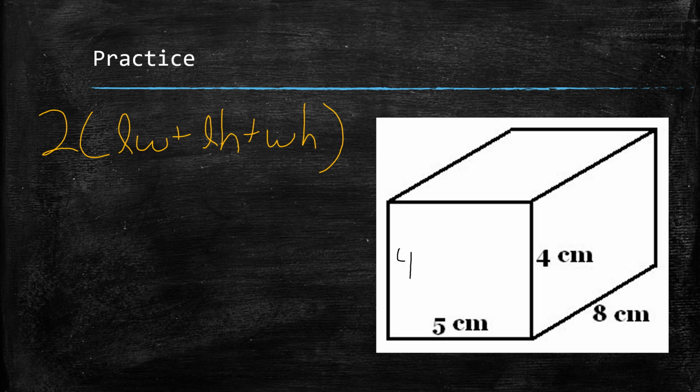Real quick though, because your assignment's not going to give you just 3 numbers, you're going to have 4 on this side. It might tell you this side here is 5 and this side is 8. Once again, you've got to make sure, just like finding the volume, you choose one rectangle and take those 2 measurements, and then the third measurement has to be a measurement that is not a part of that rectangle. You can see that this 4 and this 4 are the same, and opposite sides are the same.